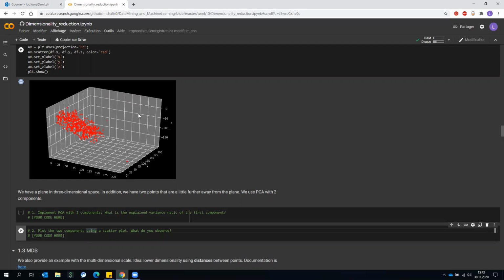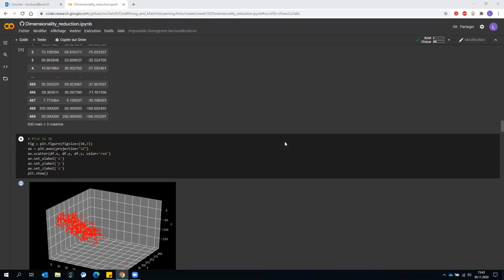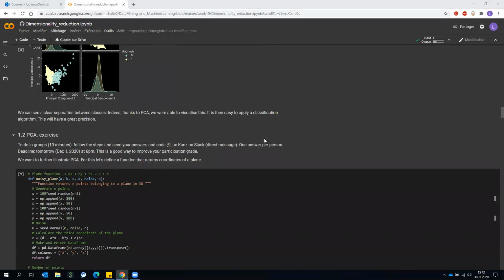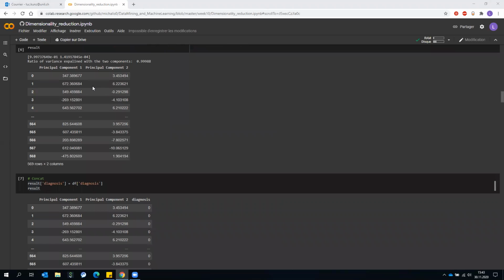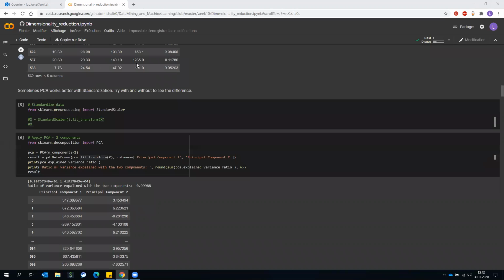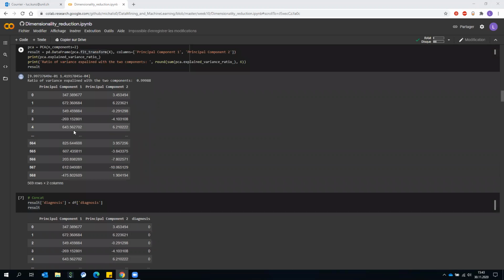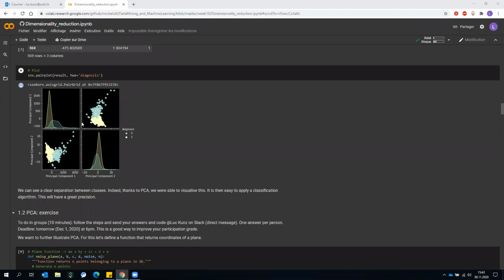And there was a second part: its use. There are mainly two uses. Data visualization, as we showed here, because if it's 5-dimensional, you cannot visualize it well, but if you reduce to 2, then you can visualize it.